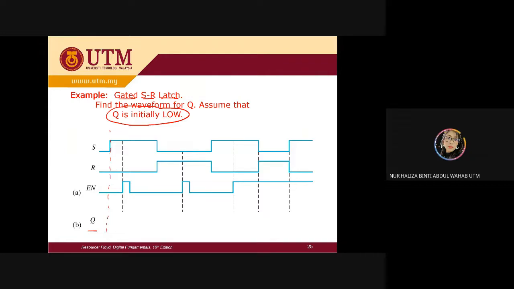As I mentioned, whatever changes, you need to draw the line. Don't follow this question because it already knows the answer, that's why it draws at the specific lines only. But for you, please draw at each change at all the inputs. Okay, give me time to draw this dotted line first.